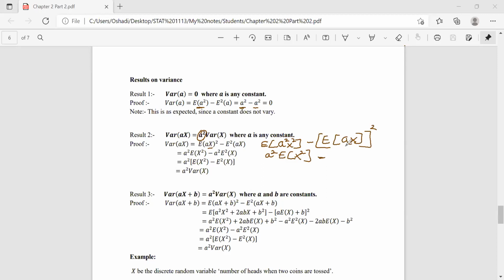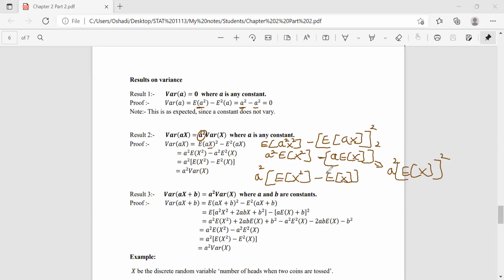right? So here the expected value of AX is A times the expected value of x. The whole thing squared means this becomes A squared times the expected value of x, the whole thing squared. So if we take A squared out, we get the expected value of x squared minus the expected value of x, the whole thing squared.